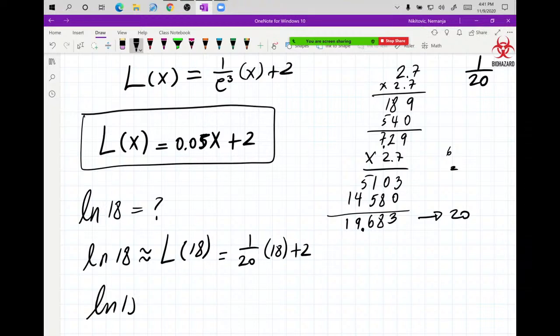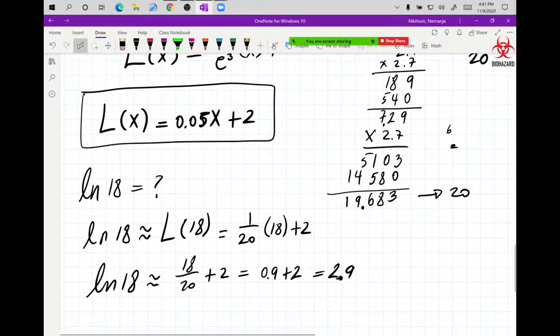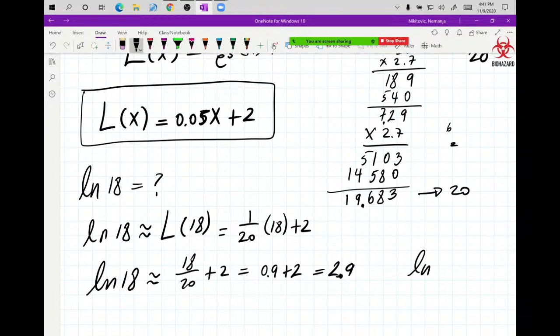So ln 18 is approximated by 18 over 20 plus 2. Now 18 over 20, I can cancel by 2 and get 9 over 10. And that's 0.9 plus 2, it's 2.9. So my calculation here says that ln of 18 is approximately 2.9.